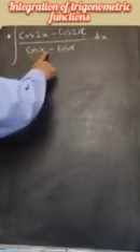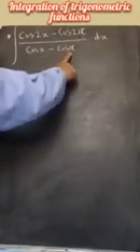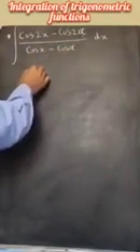Let us take one more question. Here we have to find integration of cosine of 2x minus cosine of 2 alpha divided by cosine of x minus cosine of alpha. We can write it as integral.